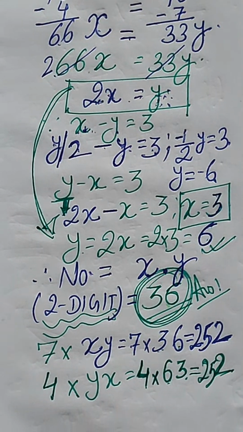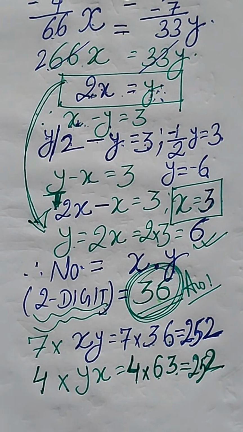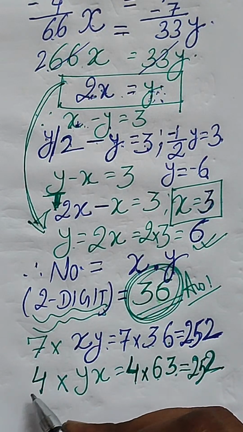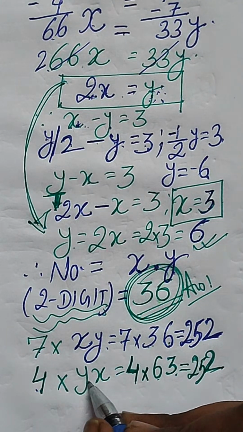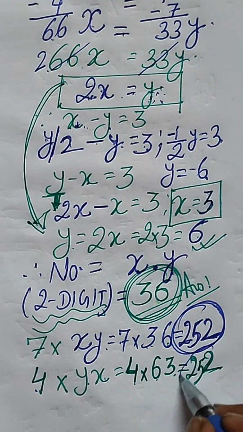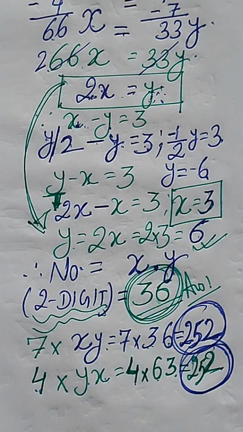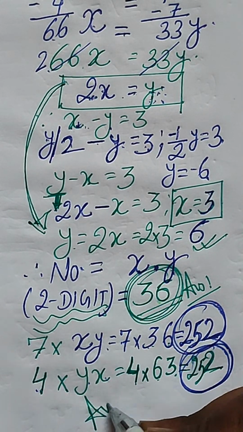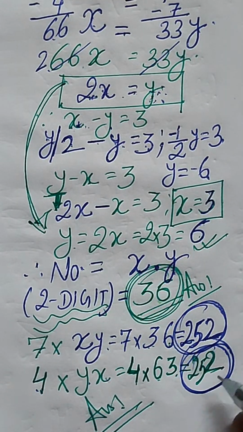So here you can see these two numbers, that is 7 times that two-digit number is equal to 4 times the number obtained by reversing the digits, and we have verified it because 252 is equal to 252. So that means our answer is perfect and correct.